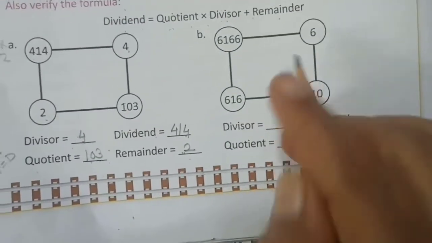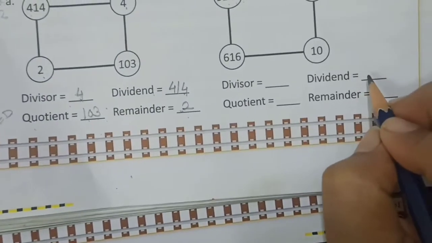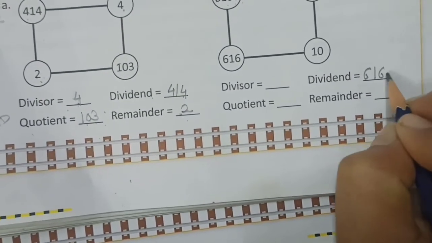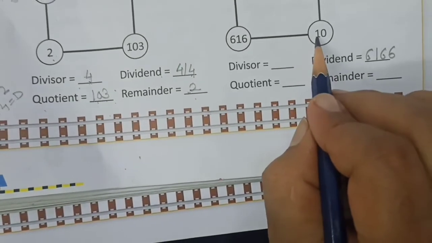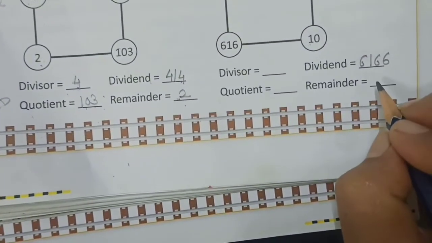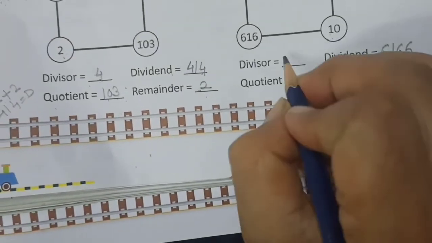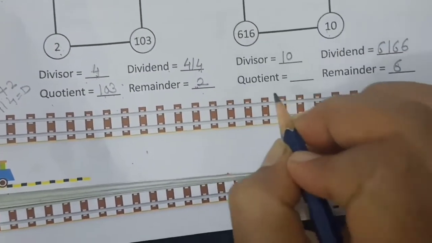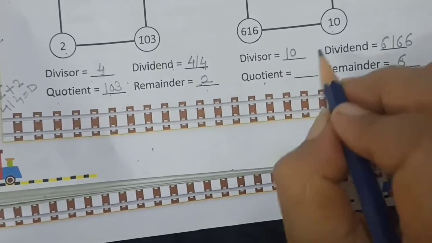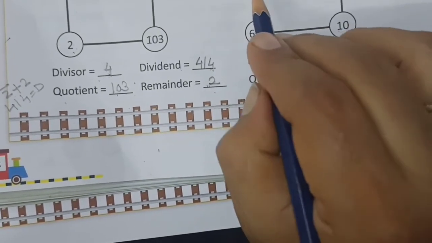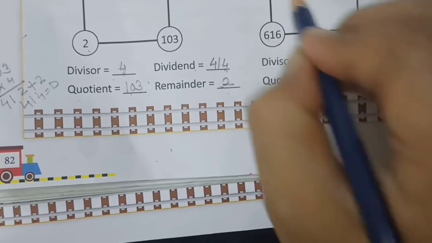Okay, next one, 6166. So this bigger number is the dividend, 6166 here. Then you know the remainder is smaller than the divisor, so the remainder will be 6. Then if we take the divisor 10, the quotient 616 will come, because when we divide a number by 10, the ones place is the remainder.